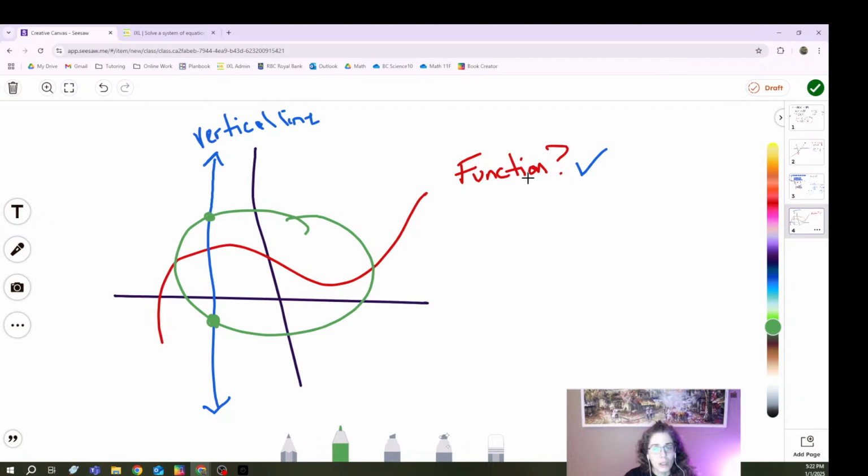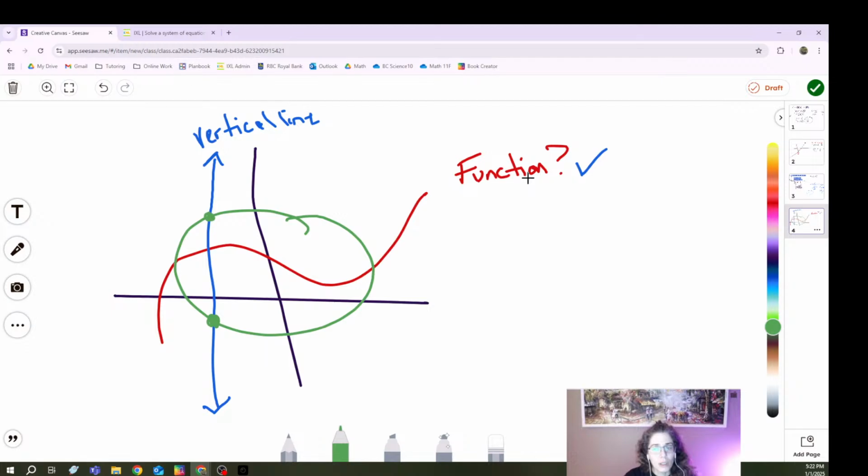Is that a function? There's no solving. No, you just take a look at it and say, can that be a function?